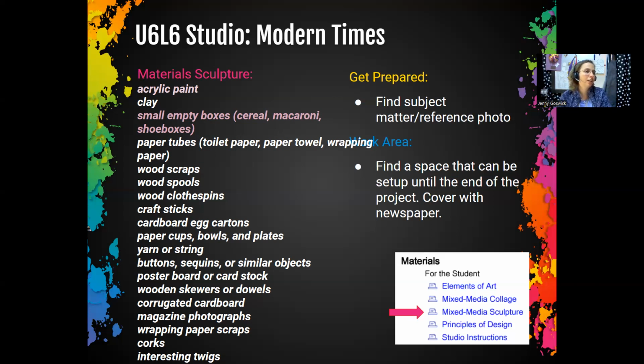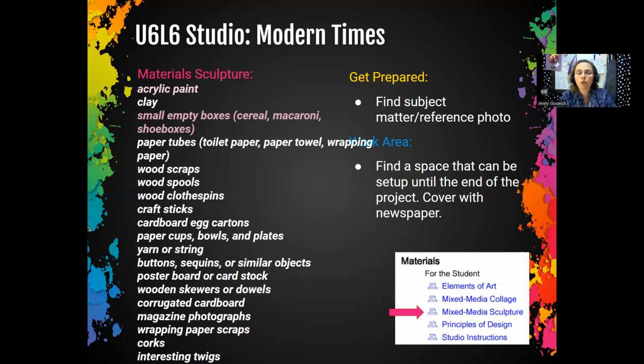So having some glue or a glue gun or something like that is going to be super important to either the collage project or to the sculpture project, because you're going to need to assemble it in some way. So I have two different types of glue. I have white Elmer's glue, and I have a glue stick.